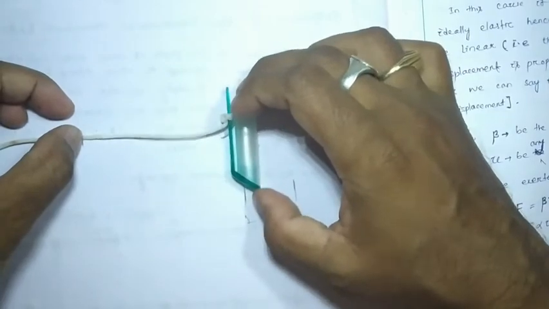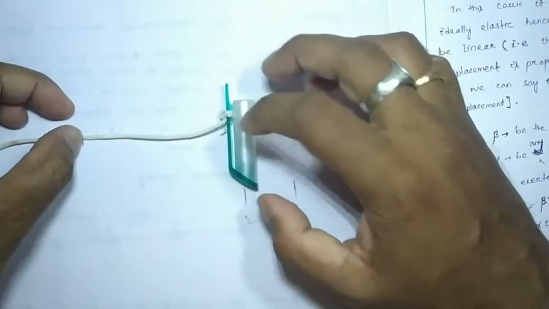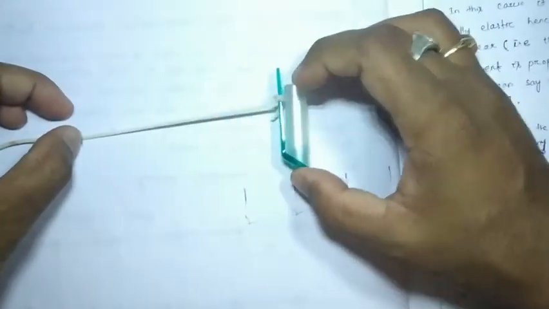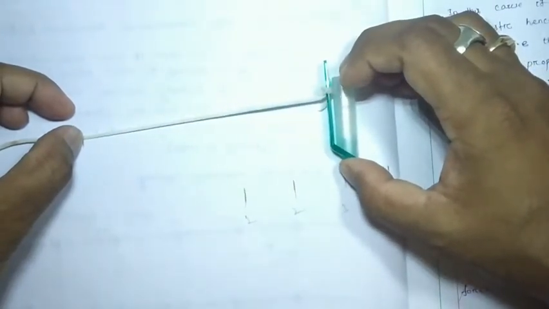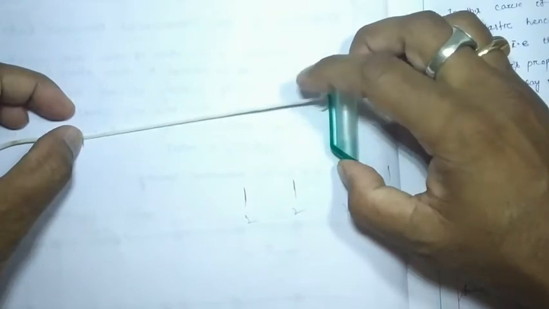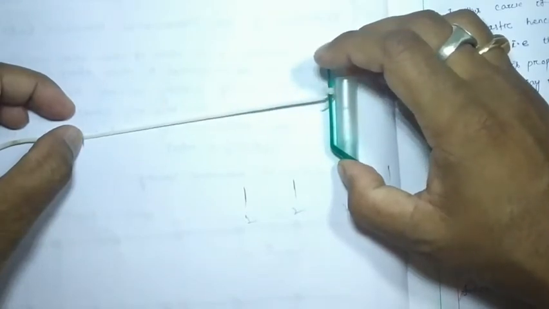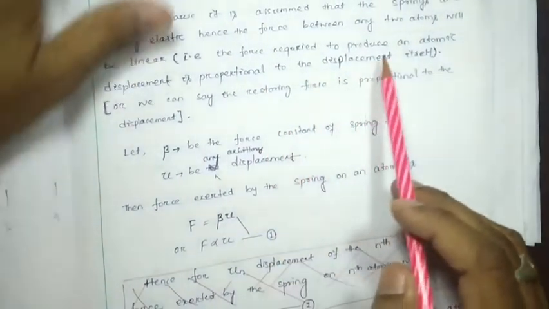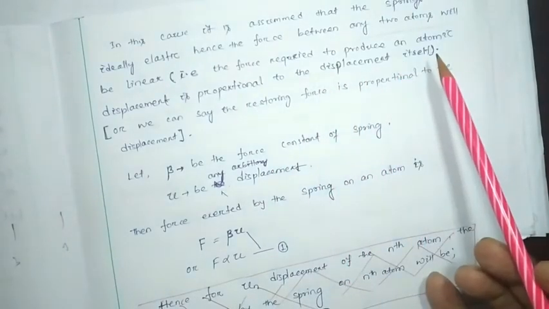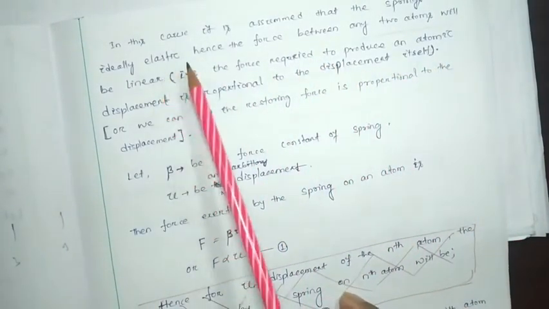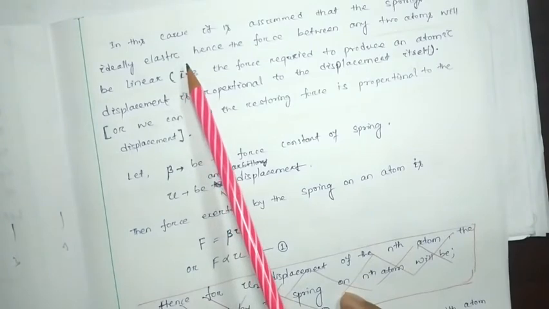That means I need more force to displace the atom from 2 to 3 than from 1 to 2, because the restoring force induced is more. Hence it is written that the force required to produce an atomic displacement is proportional to the displacement itself, because of the ideal elastic nature of the spring.